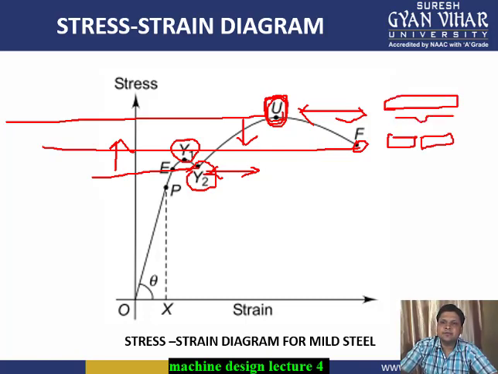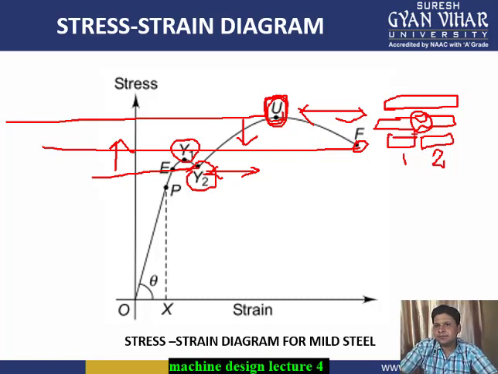Before this breaking, a neck develops, its diameter is minimized, and then it is broken into two pieces. This is known as the necking region.